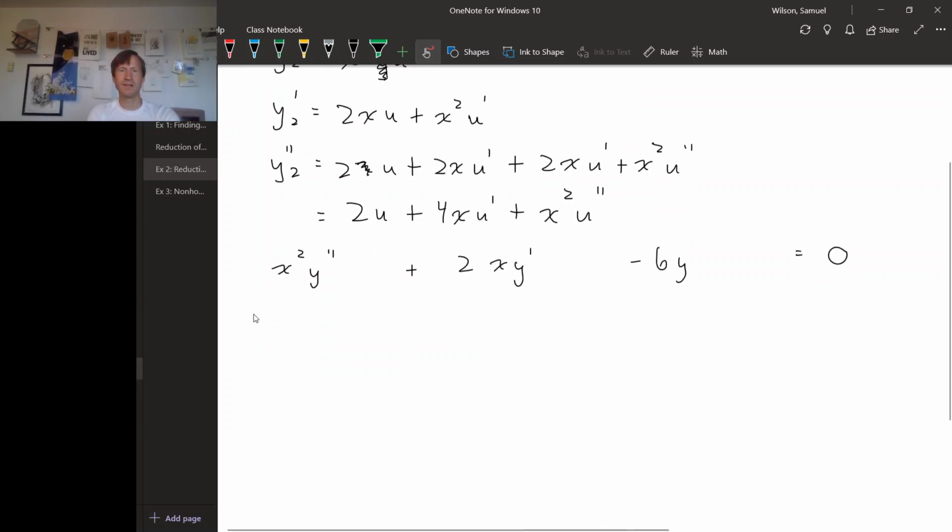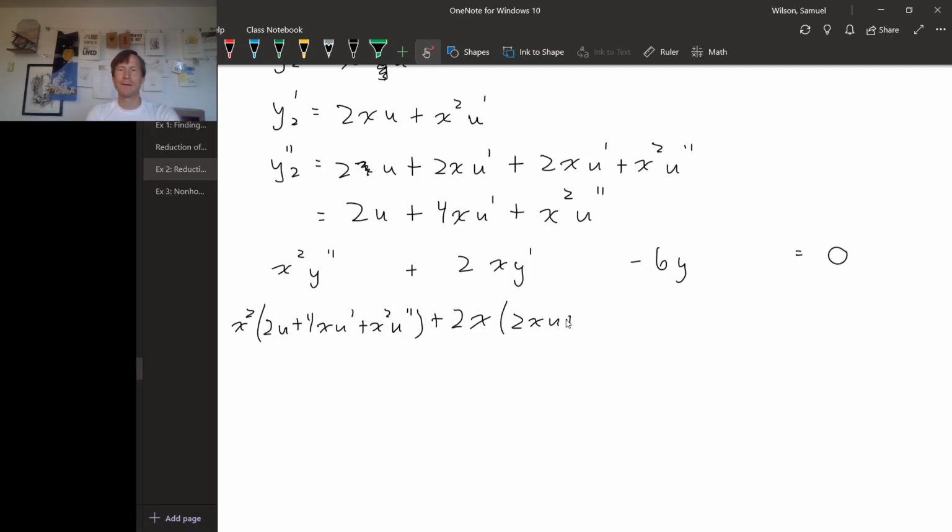So putting all of this in here, we get x squared times y double prime, so 2u plus 4xu prime plus x squared u double prime, plus 2x times y sub 2 prime, so 2xu plus x squared u prime, minus 6 times y sub 2, which is x squared u. This is all equal to 0.